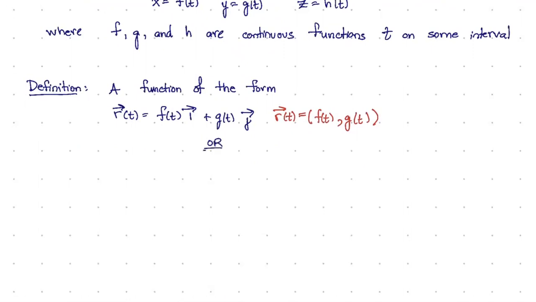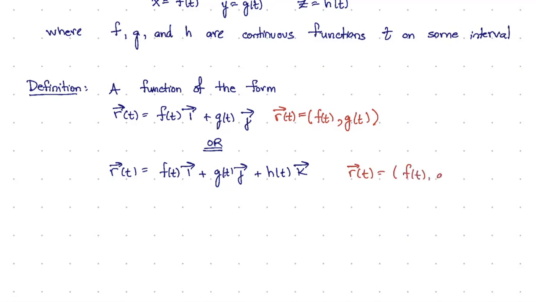Or r of t could potentially be in space, so that we have f of t i plus g of t j plus h of t k, which can similarly be expressed as r of t is equal to f of t, g of t, h of t.